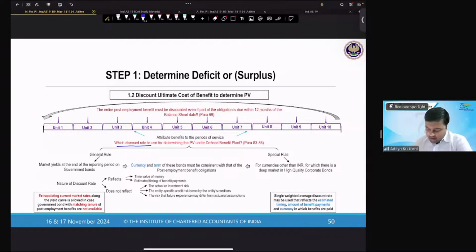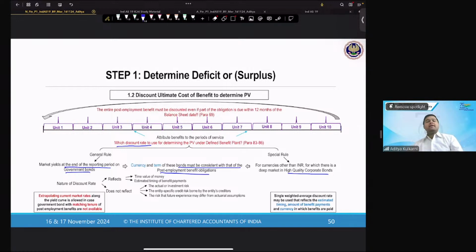So the general rule is we should be using market yields at the end of the reporting period on government bonds. So market yields on government bonds is the discounting rate that should commonly be used. For currencies other than INR, for which there is a deep market in high quality corporate bonds, currency and terms of these bonds must be consistent with that of the post-employment benefit obligations, obviously.